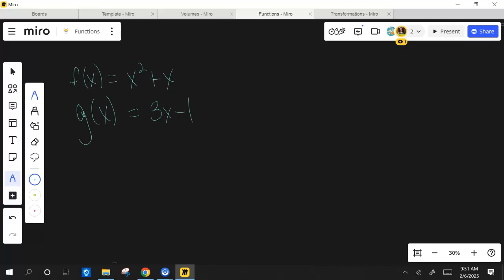So I'll define the functions for you first, and then I'm going to ask you some questions about them, okay? So first, what is f times g of x, and what is the combined domain? So I want you to find the product of f and g, and then I want you to tell me what its domain is.